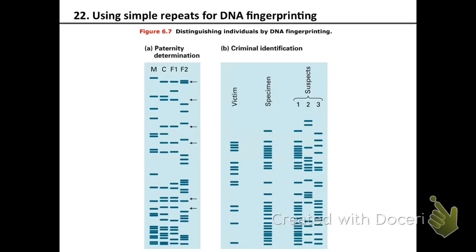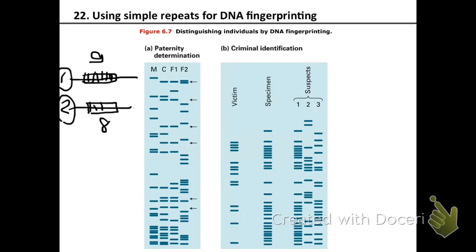So, for example, person 1 has two loci. Let's say this is the first locus and this is the second locus that they're going to look at. In one of them, it has 9 repeats of a certain minisatellite. And then in another locus, for another repeat, it has, let's say, 8 copies.